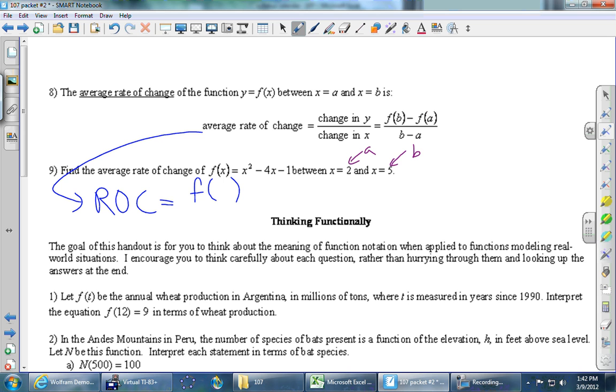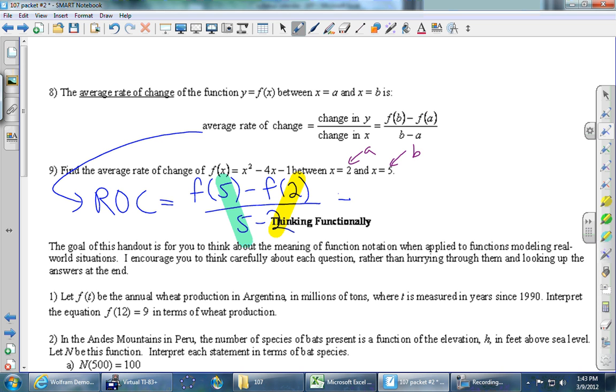Which one is b? 5 for my example. Minus f of 2 divided by, it says b minus a, 5 minus 2. You know you're doing it right if you can kind of see same thing on the top and the bottom, just the top has f's on the numbers.